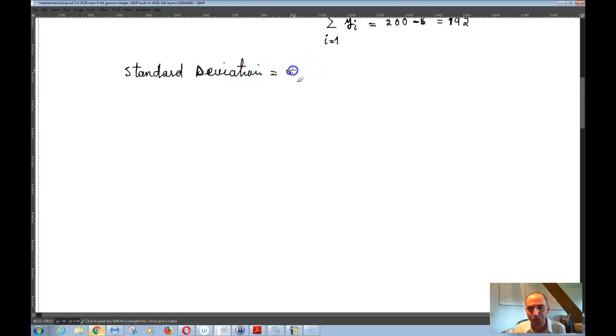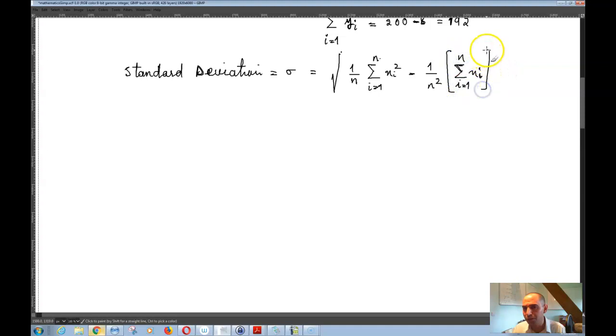which is denoted by sigma, is equal to the square root of 1 over n times sigma of x of I squared as I goes from 1 to n, minus 1 over n squared times sigma of x of I times sigma of x of I as I goes from 1 to n, and you raise this to the second power.